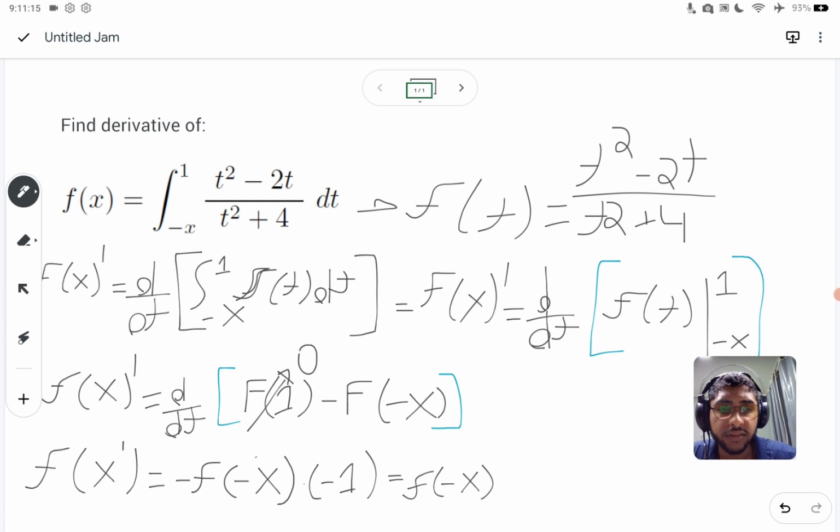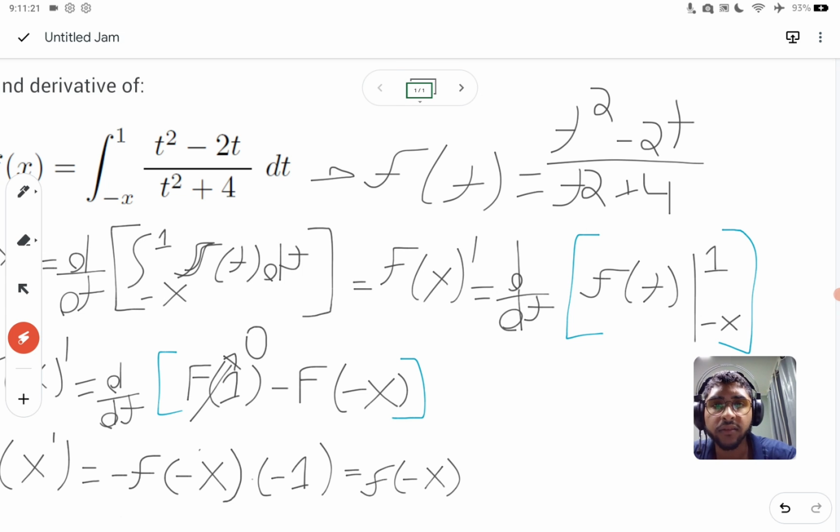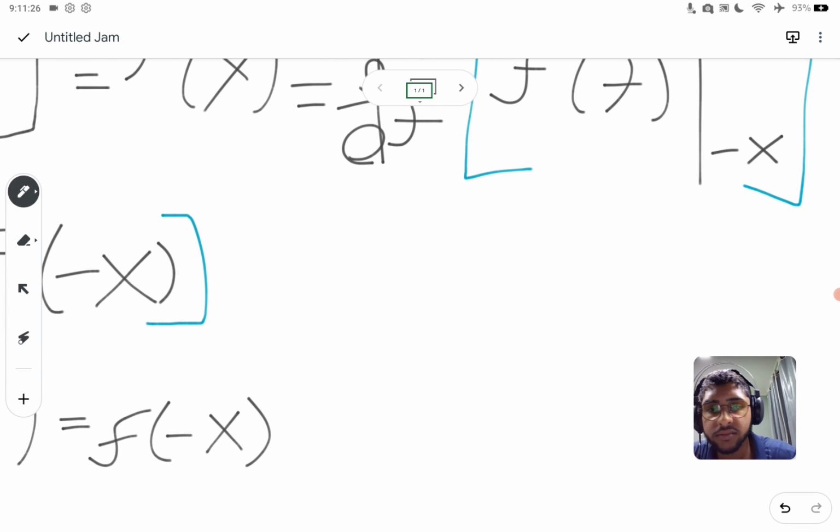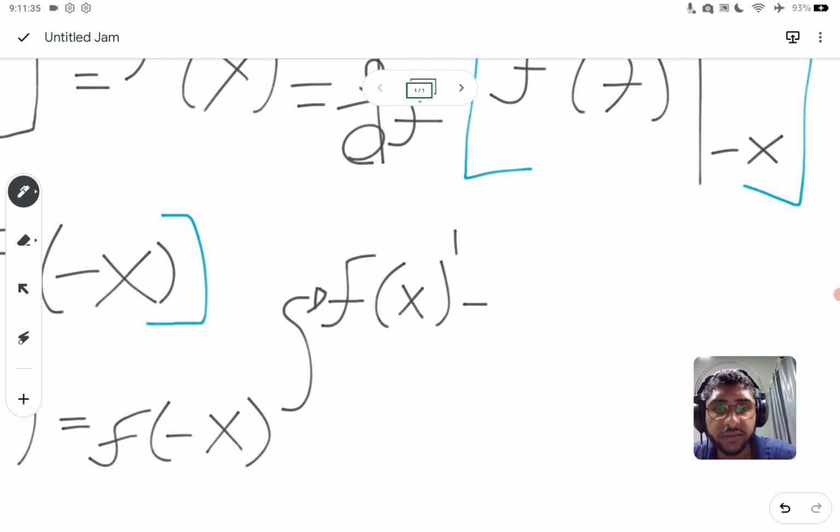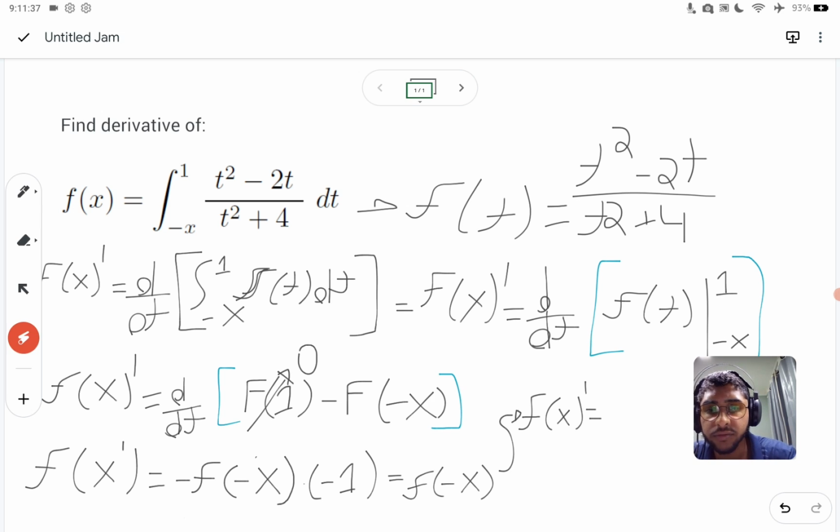What you can do here is the replacement of the minus x in this main function, the function that we call f(t). Let's put it here, and that will be f(x) derivative. This is not just the derivative, this is the chain rule applied here.